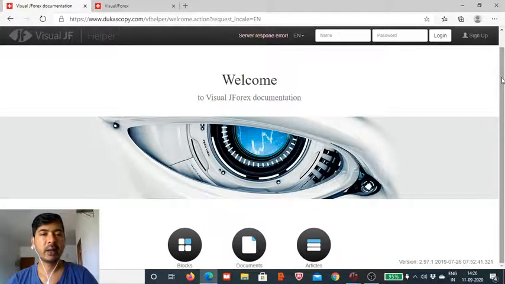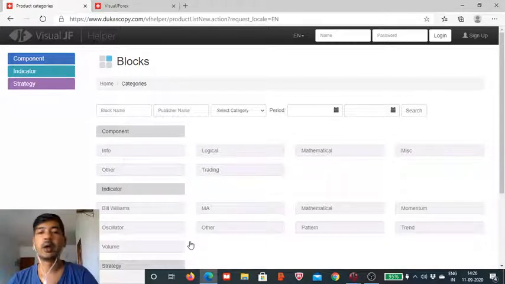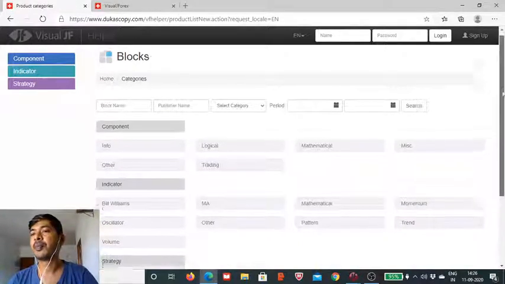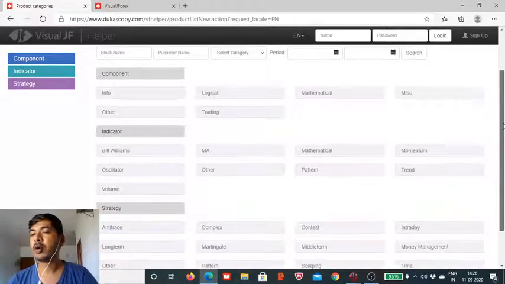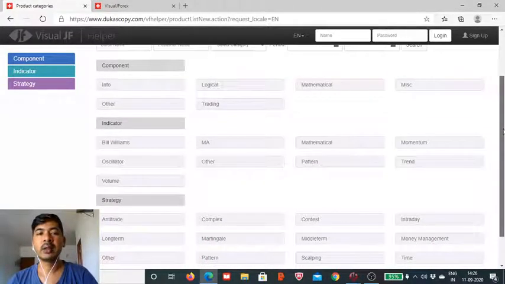In today's session of Visual JForex, we are going to explore the use of a very interesting indicator named Directional Movement Index, the DX. Earlier, we had seen ADX, the average directional movement index, and this is the pure reading of the directional movement index. We will see how we can use these indicators to our advantage to build an automated trading setup on the Visual JForex board so that we can run these algorithms on our account and stay in profit.